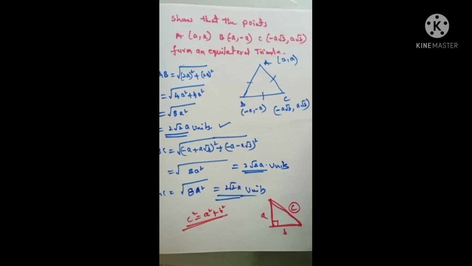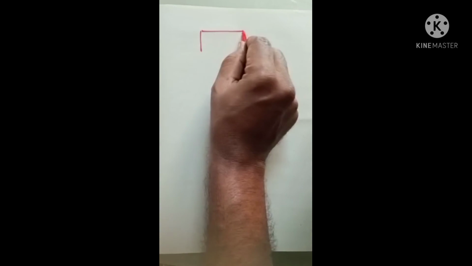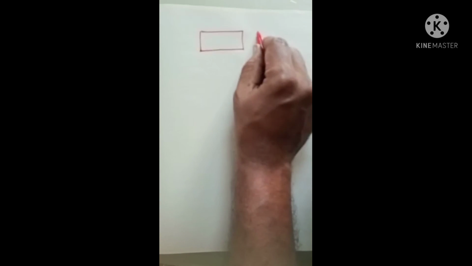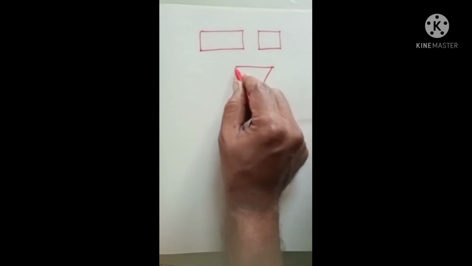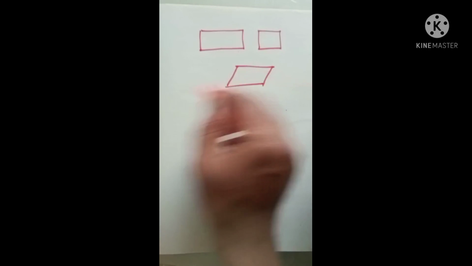Sometimes the same questions he will give you: find the given figure is a rectangle. For example, this is a rectangle. Sometimes he will ask you the square, sometimes the parallelogram. So these types of questions he will give you.